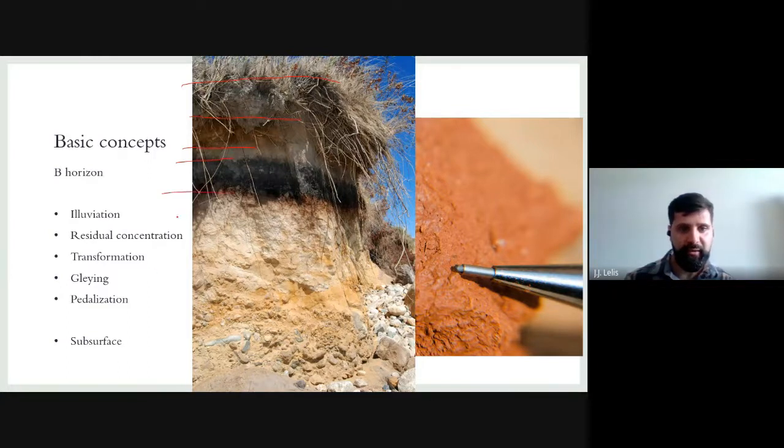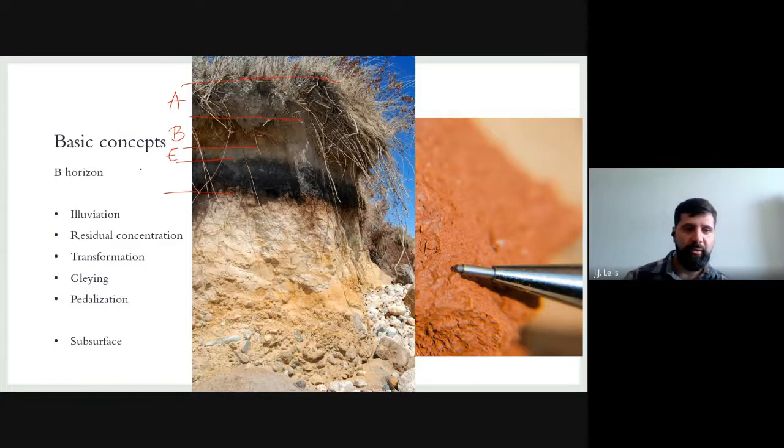This is a dark material, so it's a horizon. Here it's a yellow one. Let's call it a B horizon, but it's not a problem. Here we have a white and sandy horizon. Let's call it an E horizon. And here we have a dark material.